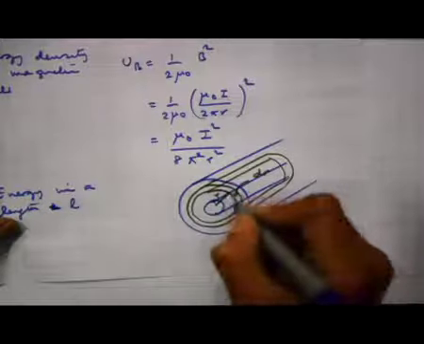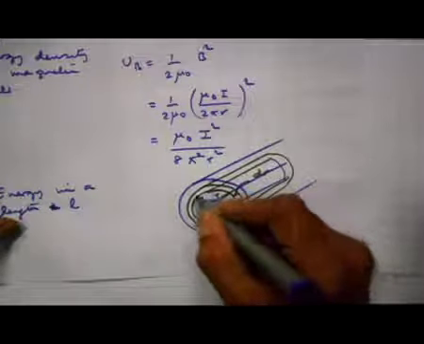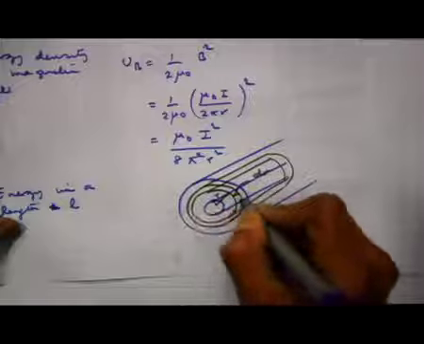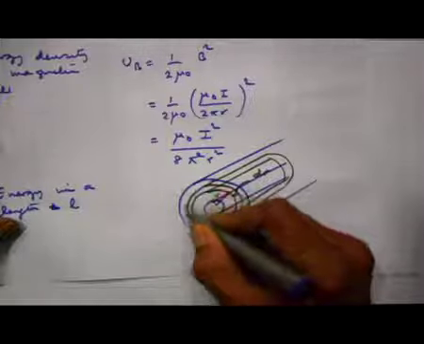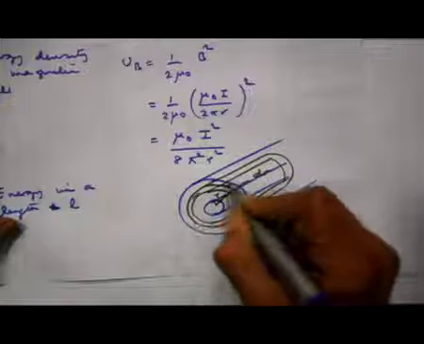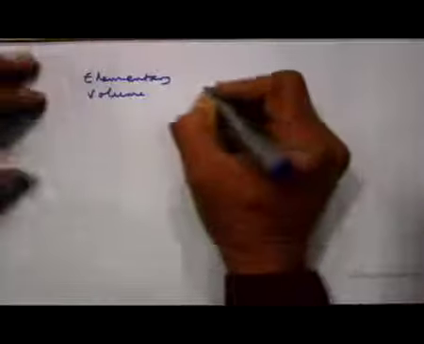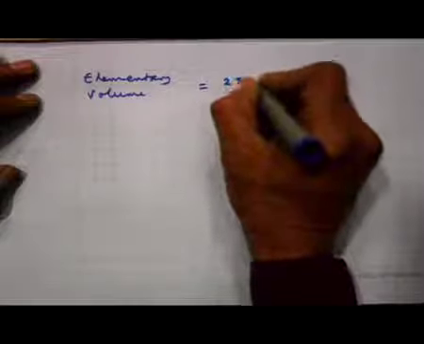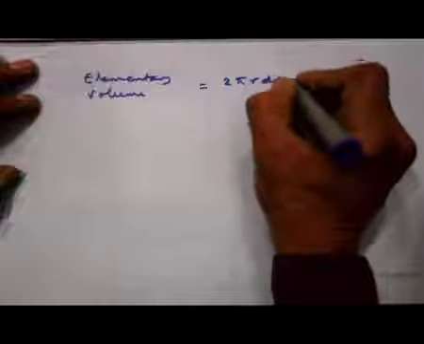So, r is the radius of the inner circle, dr is the thickness of this. 2 pi r dr is the area of this, multiplied by the length is the volume. So, that elementary volume is equal to 2 pi r dr into L.